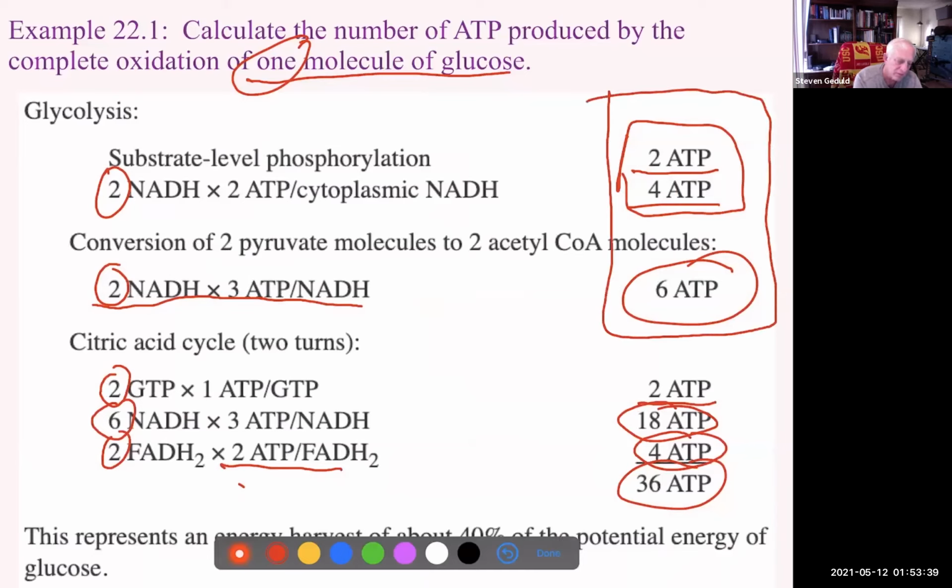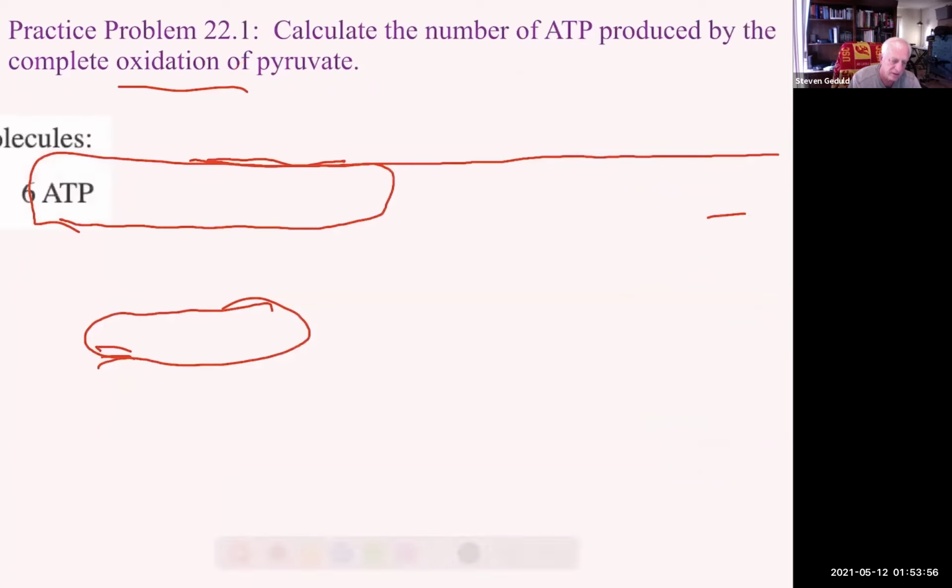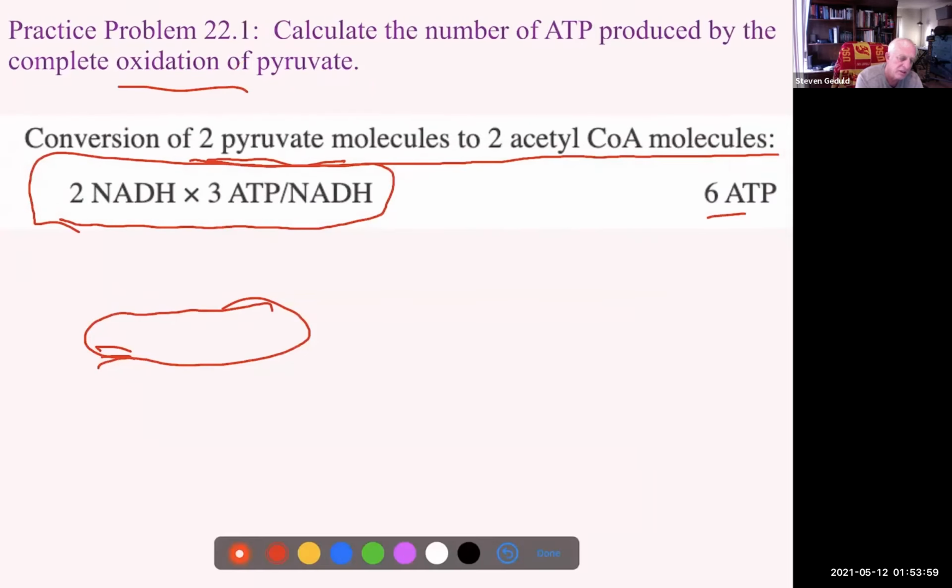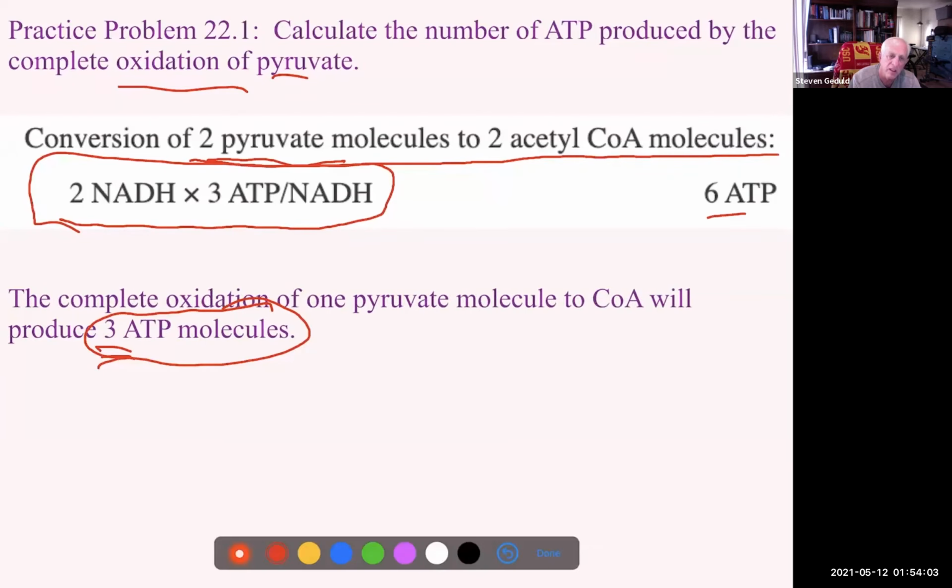So the conversion of 2 pyruvate molecules to 2 acetyl coenzyme A molecules is what they're asking. And we ran 2 of them, we produced 6. You run 1 of them, you're going to produce 3. So the question is asking how many ATPs are produced by converting pyruvate to acetyl coenzyme A. Oxidation of pyruvate is going to be 6 ATPs if you're running 2, so 3 if you're only running 1.